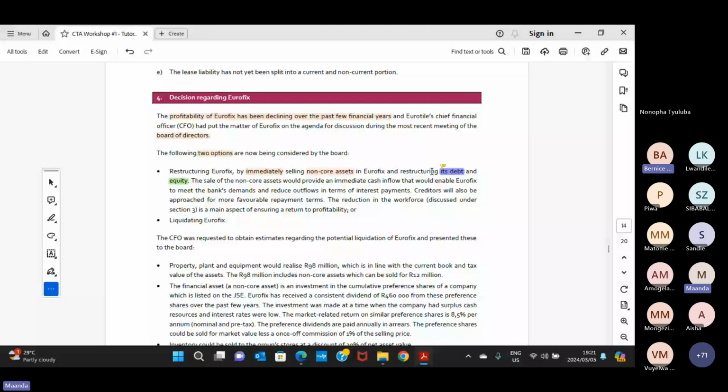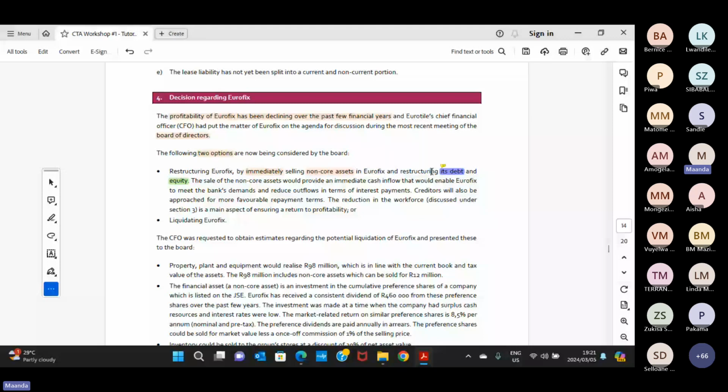Firstly, if I'm saying non-core assets, I need to know what those non-core assets are. And if it's a building, obviously, if it's a core asset, then it can be difficult, because if you sell it, those might be the assets we use to generate whatever we are selling. They can be very useful because they're core assets, so we are generating the profits and income utilizing those buildings or assets.